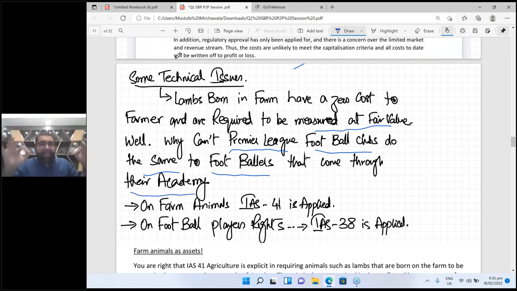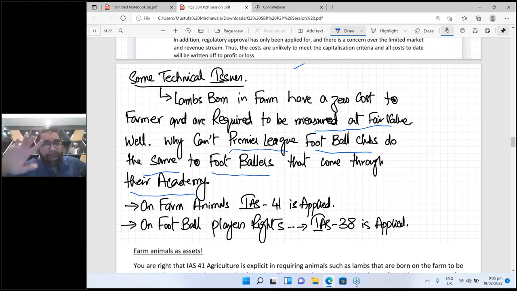The first source, they directly buy external players from the external world and they pay for the rights. And yes, according to IAS 38, these rights are capitalized as an intangible asset. When you buy an external player from outside, you have to capitalize that player.